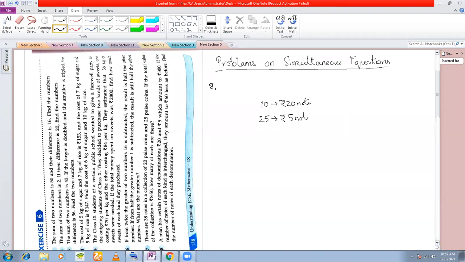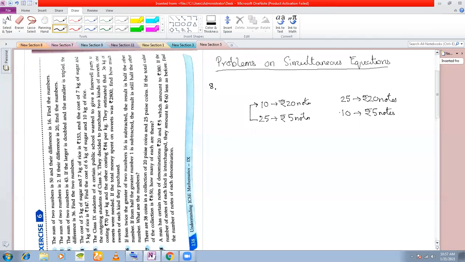Now, what do you mean by interchanging notes of each kind? Interchanging the notes of each kind means now he will have 25 20 rupee notes, and he'll have 10 5 rupee notes. Okay, this is what it means.